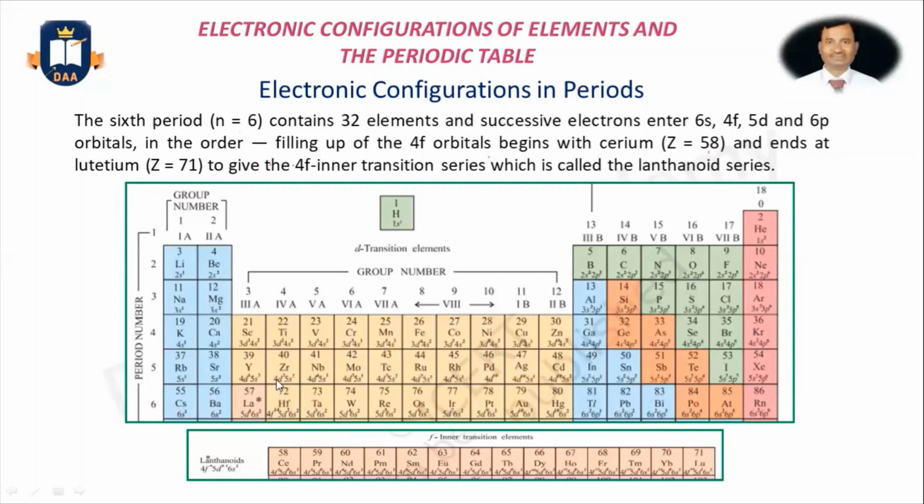And in addition, you can see lanthanum with atomic number 57, and then in this particular group, similar types of elements, 14 elements, are called the f-block transition elements, and this group is called the lanthanoids. So if you count both rows, then it will be the 32 elements.